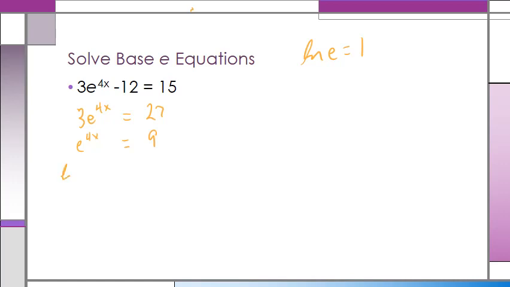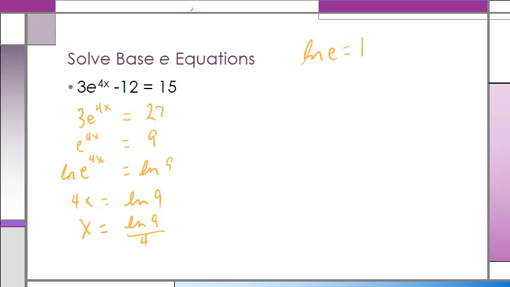Now we take the natural log: ln e raised to the 4x equals ln 9. That leaves us with 4x equals ln 9, because ln of e equals 1. Now we can divide both sides by 4, and here we are, we've got x equals ln of 9 over 4.